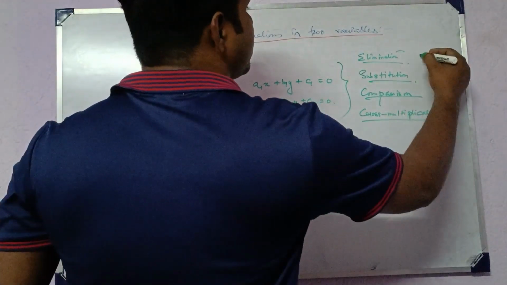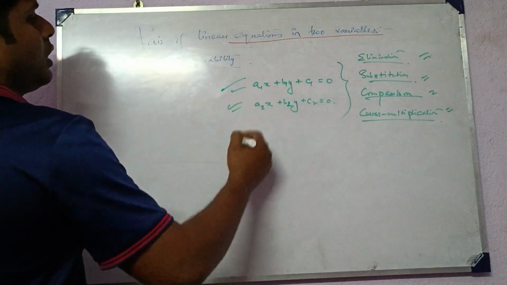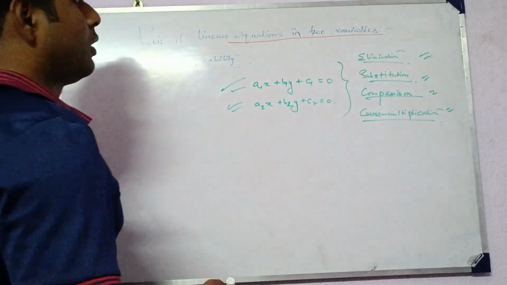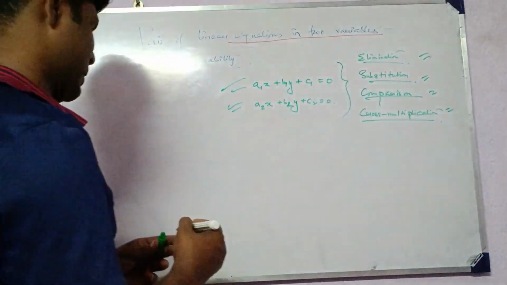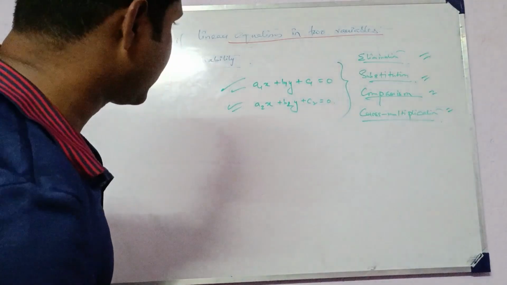সো এই চারটে মেথড দিয়ে সলভ করতে পারার আগে আমাদের এইটা জানা উচিত যে এই দুটো ইকুয়েশন আদৌ সলভেবল নাকি, মানে সলভ করতে পারবো নাকি। কেন? বিকজ three cases arise. What are these three cases?